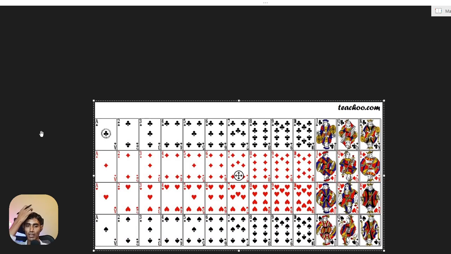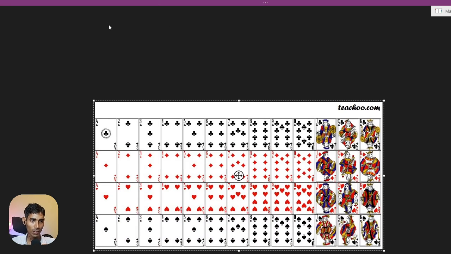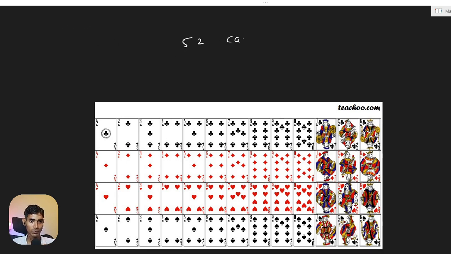All right. So there are total 52 cards, and four different types of cards. So 4 into 13, 13 in each of these. Now what is this known as?